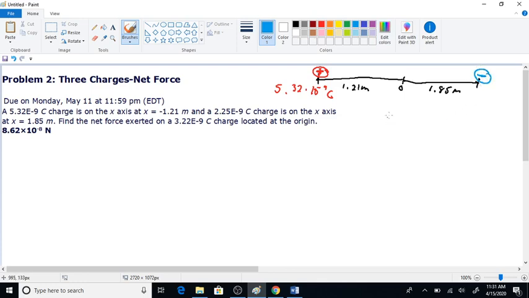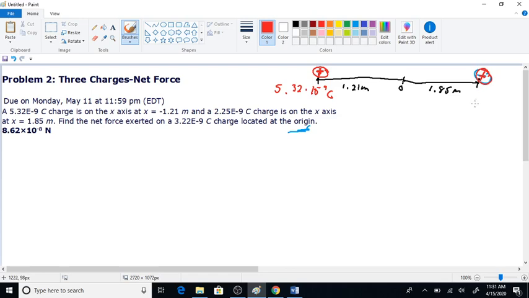And the charge in the middle at the origin, at 0 here, is positive. Oh, I didn't put the charge size on this. Oh, wait, this is not negative. What am I doing? It's positive. Oops. See, all 3 are positive. Sorry, retraction, positive.